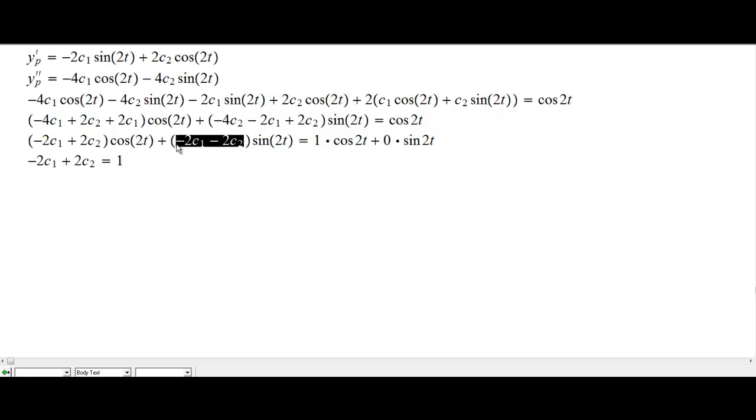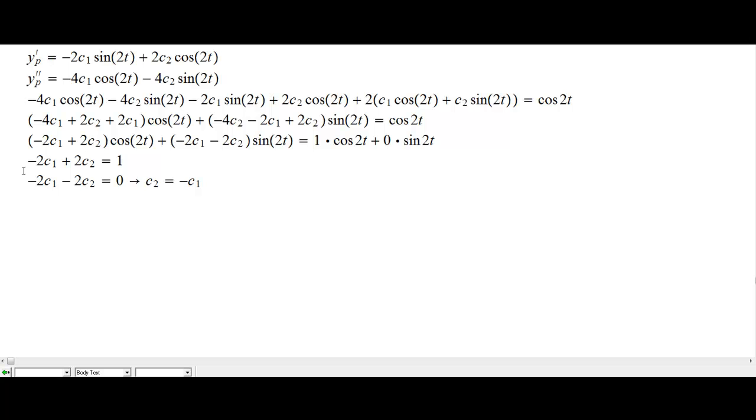Very nice. So what does that tell me? First of all, this one will give me right away that C2 is negative C1, right?